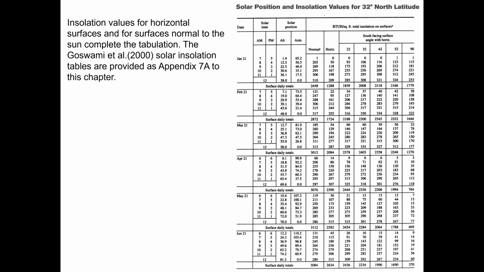You can see that this particular example is for a location of 32 degrees north latitude, and this is for the 21st of each month. For the 21st of each month, it gives you the solar position in terms of altitude and azimuth angle, starting from 7 a.m. to 5 p.m.